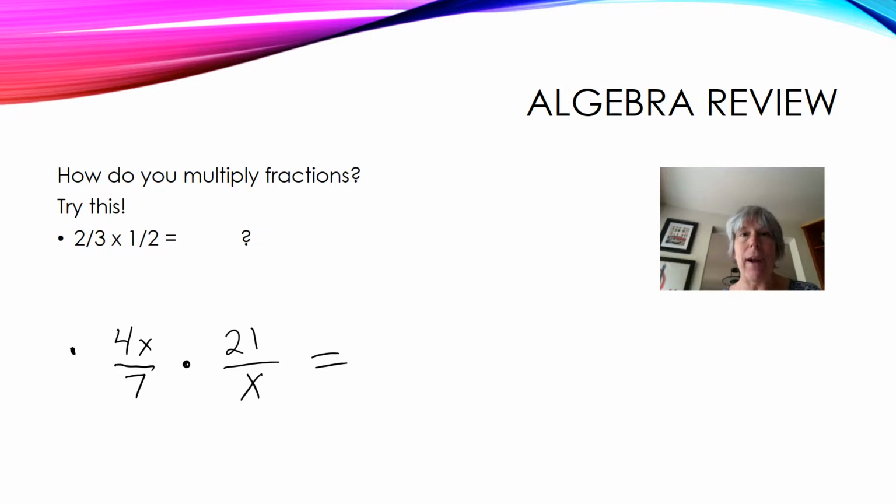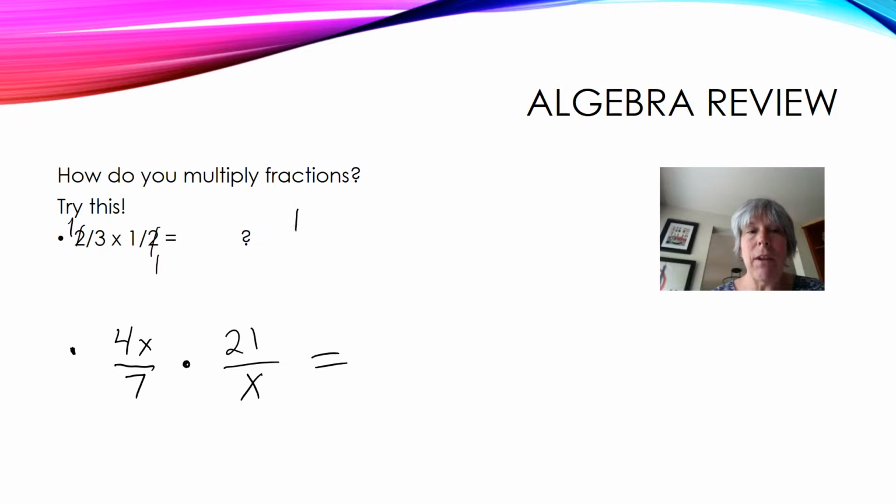When you multiply fractions, you may recall that you multiply the numerators together, multiply the denominators together, but also if they have a common factor in the numerator of one fraction and the denominator of the other, you can cancel those. My first example is 2/3 times 1/2. You have 2 in the numerator of one fraction and in the denominator of the other. 2 goes into 2 one time for each of those, so you cancel those out.